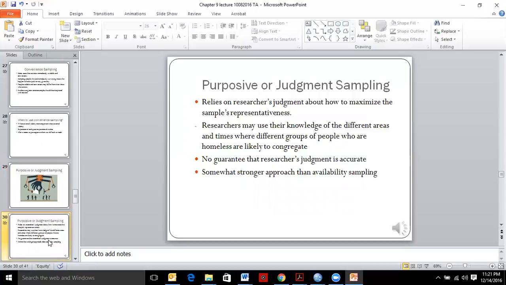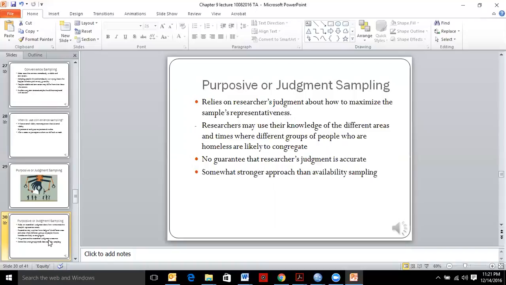In purposive or judgment sampling, this type of sampling relies on researcher judgment about how to maximize the sample representativeness.